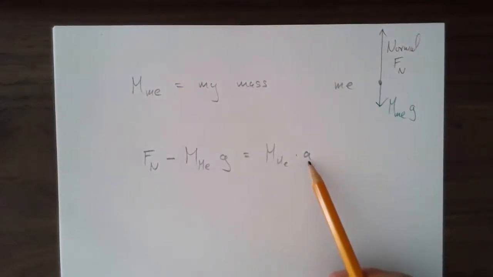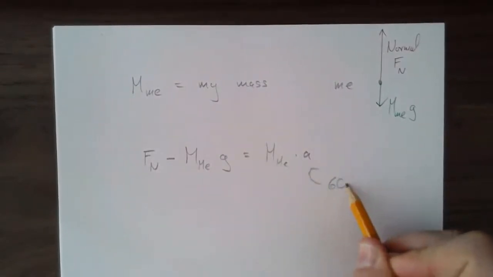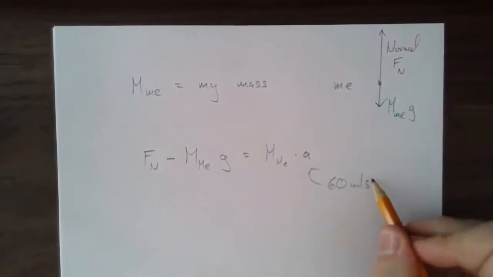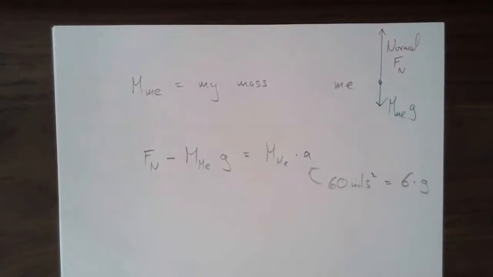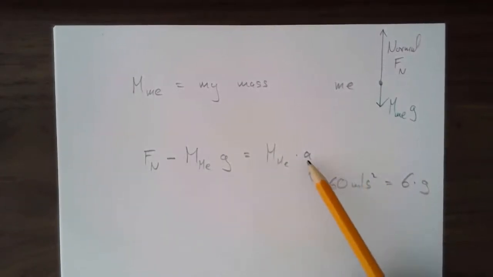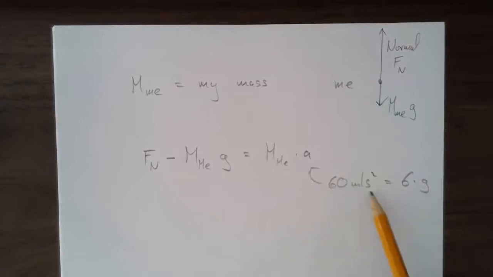Now, I actually know that a is 60 meters per second squared. I'm going to write this as 6 times g. That's how people talk about g forces. You express acceleration in multiples of g, or a force in multiples of your own weight. Right? g is 10, so 60 is 6 times g.